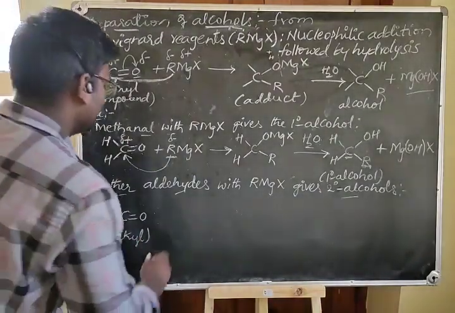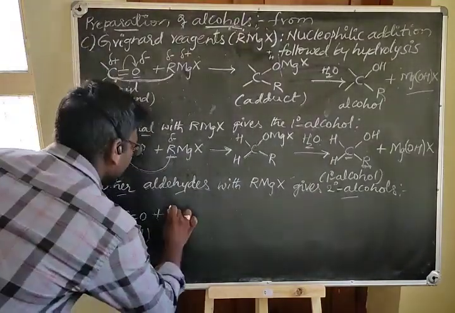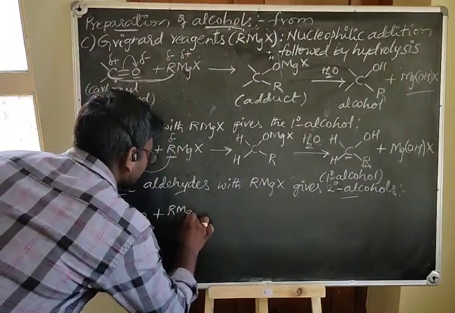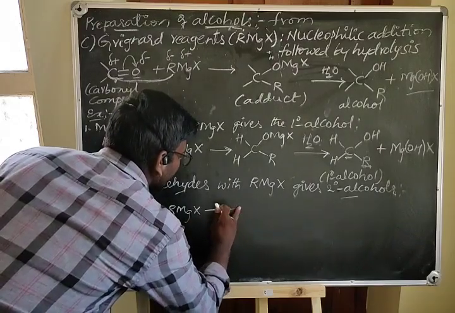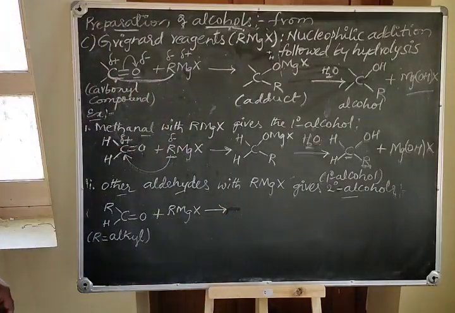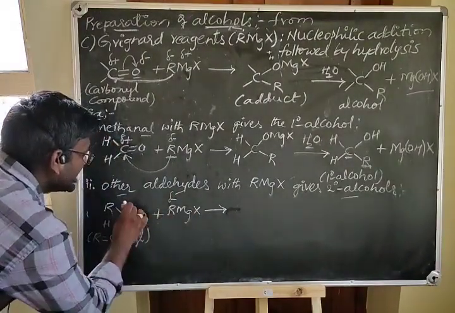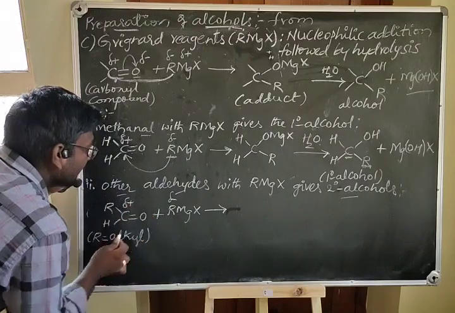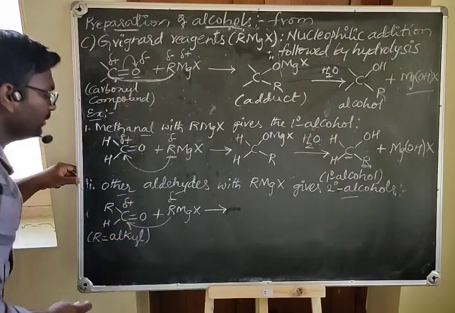Now when these aldehydes are treated with the Grignard reagent, it undergoes nucleophilic addition. Here the electron rich alkyl part gets attached to the electrophilic carbonyl carbon.